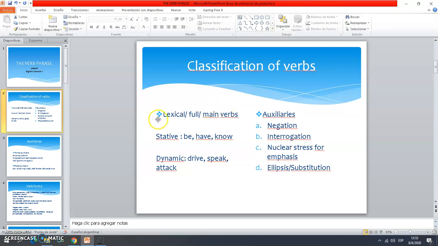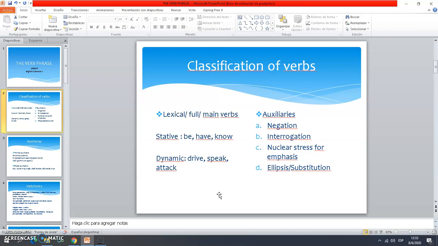So, within lexical verbs, we may think of a further classification into stative and dynamic verbs, which is a classification more related to semantics, all right, to the meaning of those verbs, whether they refer to states or to more dynamic notions. Here you have some examples. Why is this distinction important?